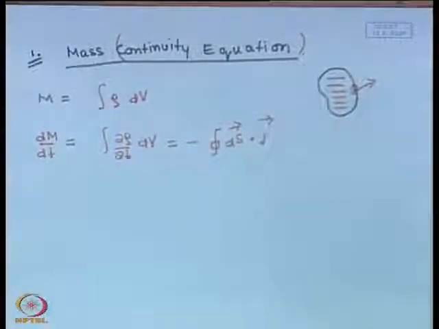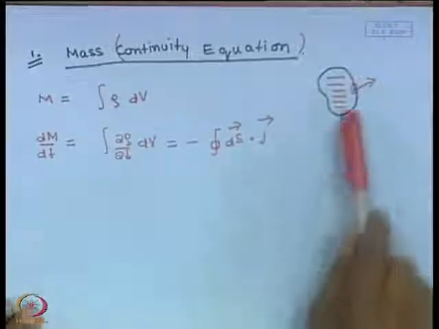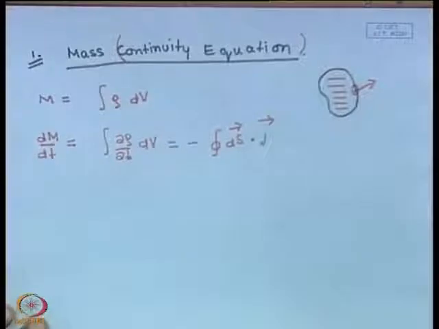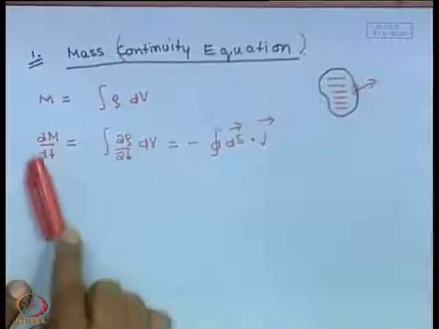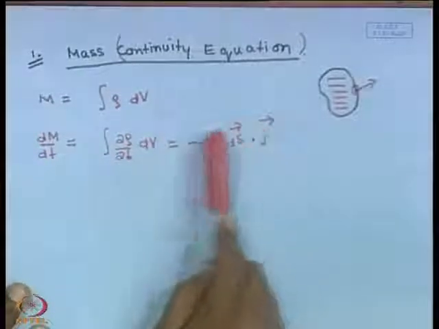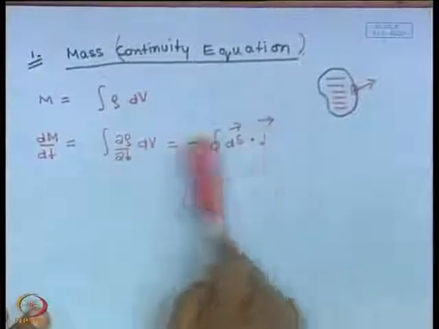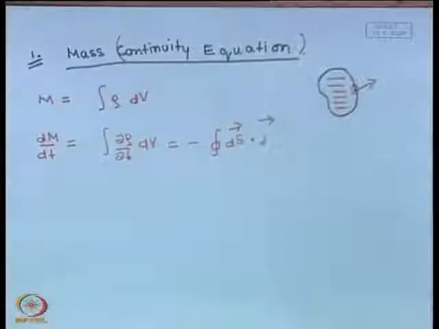So, the rate at which the mass flows out is the surface integral of the mass current. J is the mass current, that is the rate at which the mass is flowing per unit area. By current we mean the rate at which it is flowing per unit area, and if I integrate over the entire area, I will get the total mass rate flowing out. So, the rate at which the mass changes is minus this, because if any mass flows out, the total mass will come down. Now, how much is the mass current?